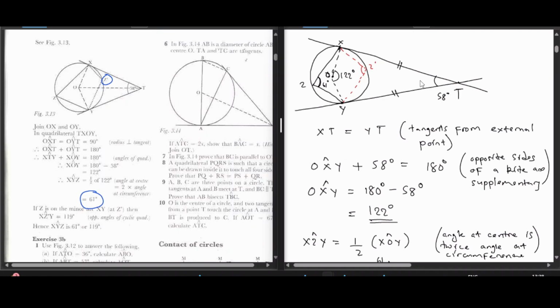So we can use that to calculate. Knowing that this angle is 58 degrees, we can calculate this angle as 122 degrees. Then we also apply the first theorem: angle at the center is twice the angle at the circumference. So XZY is equal to 61 degrees. So that is the answer.